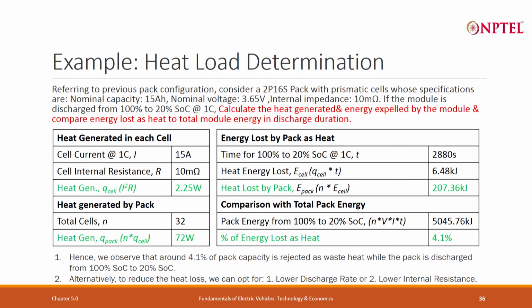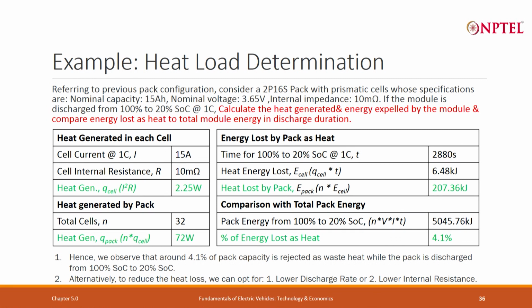If I can reduce the current drawn during the discharge, and the current put in during the charging, by half, let us suppose 0.5 C, this energy loss, which is right now 4.1%, will go down to approximately 1%, just by changing the C rate by half.